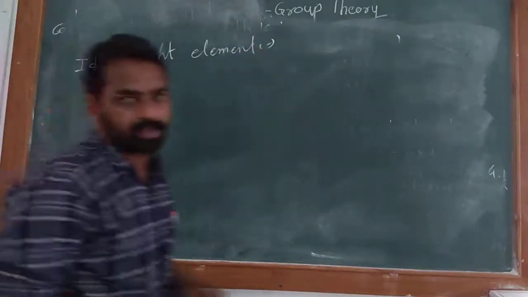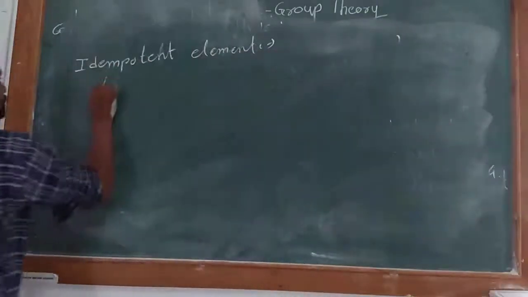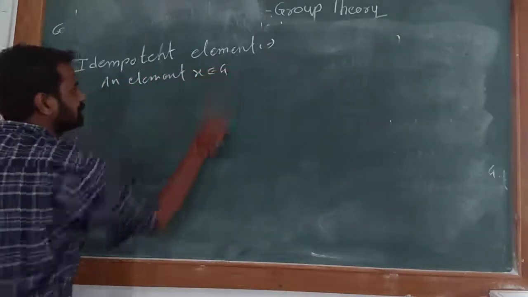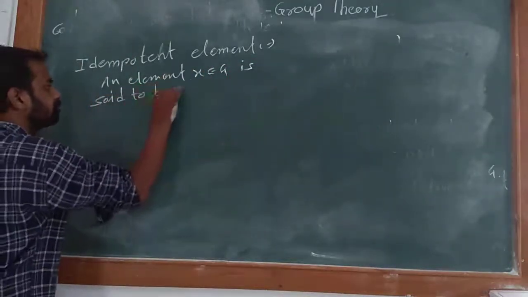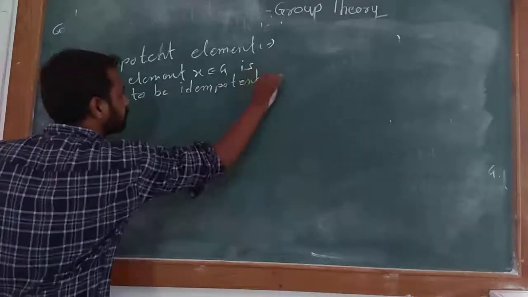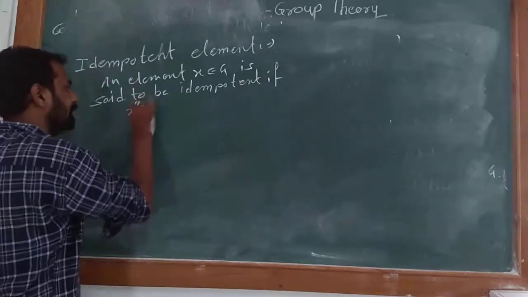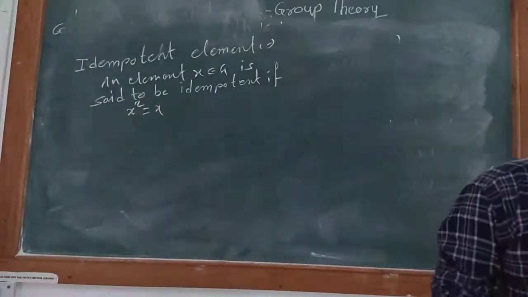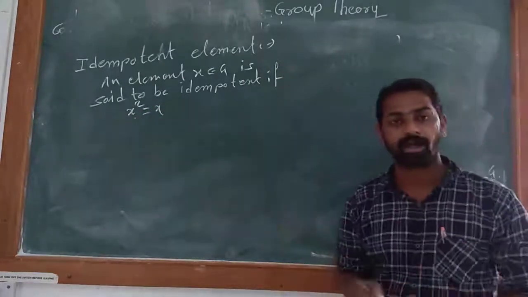An element X belongs to G is said to be idempotent if X square is equal to X. जी मधल्या एखाद्या एलिमेंटला तुम्ही आयडेंपोटेंट कधी म्हणाल तर एक्स स्क्वेअर इज इक्वल टू काय आला पाहिजे एक्स आला पाहिजे तर तो एलिमेंट काय असतो आयडेंपोटेंट.